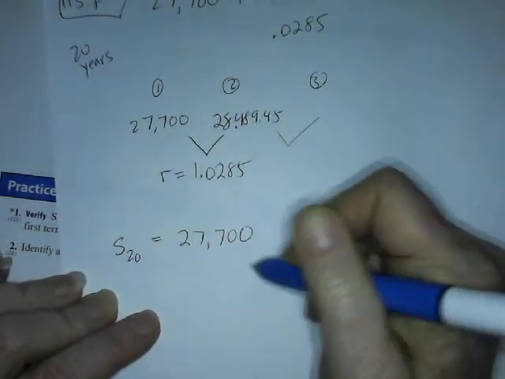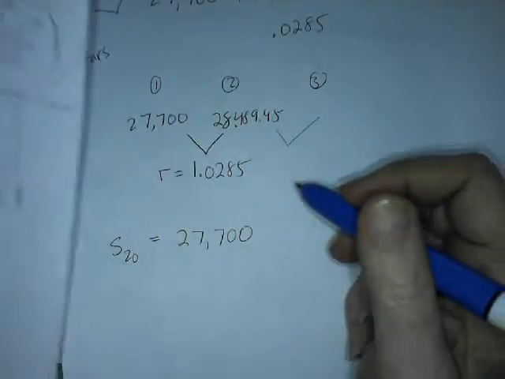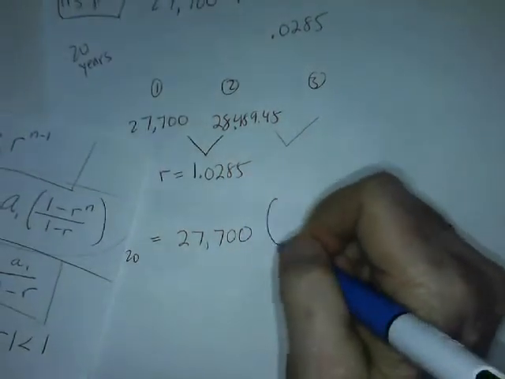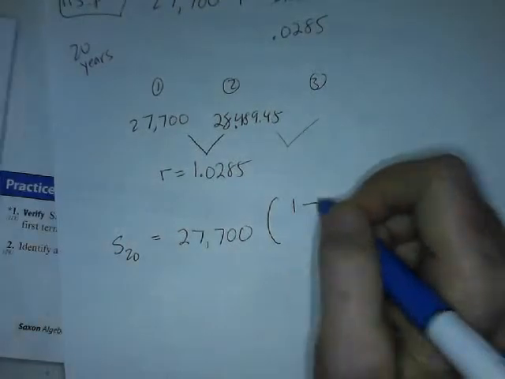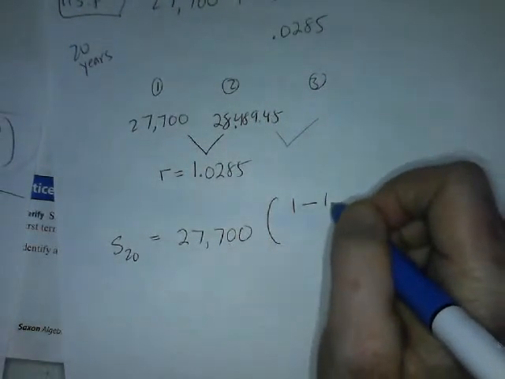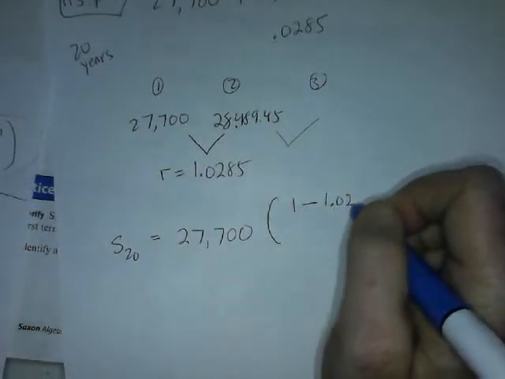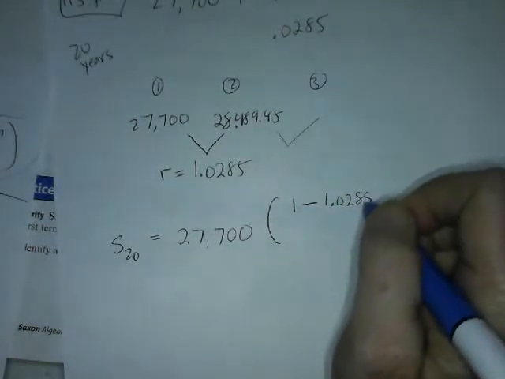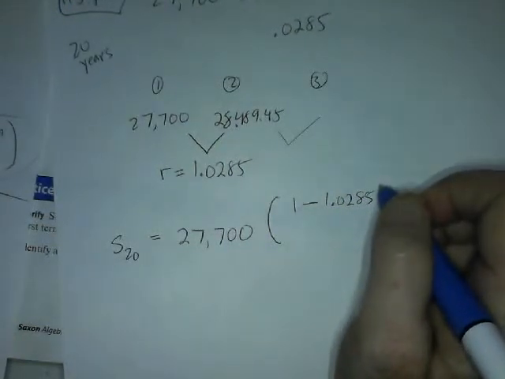This is an old book, kind of a low salary. 1 minus R is 1. To the n, how many? Oh, 20.